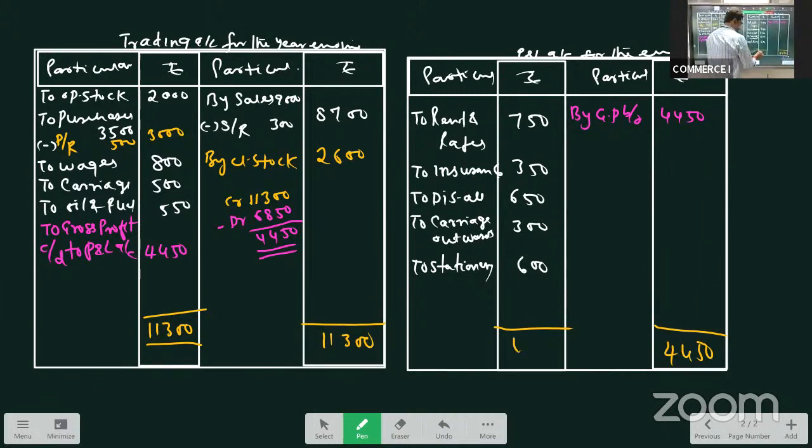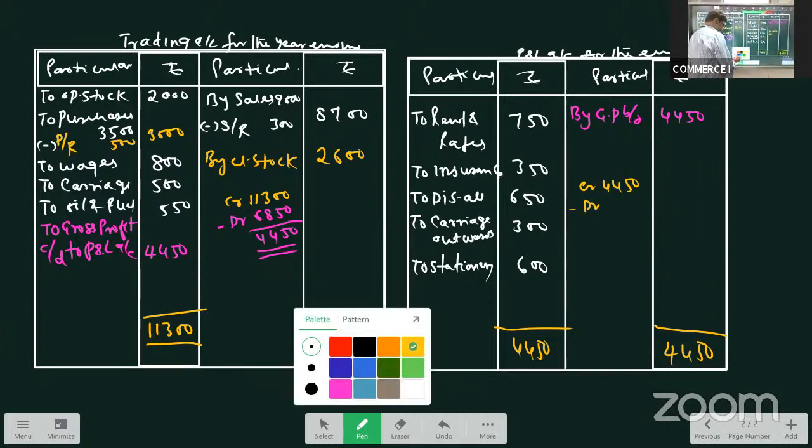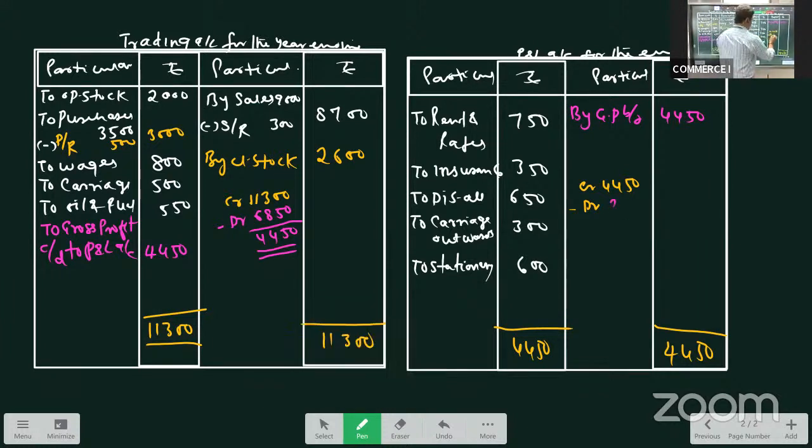On the debit side, the total is 2,650, and the net difference is 1,800.